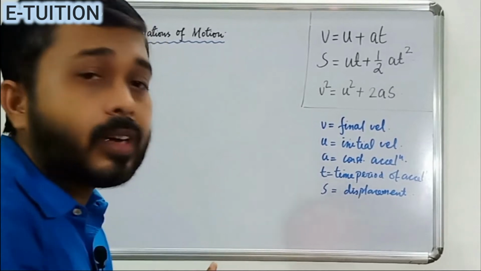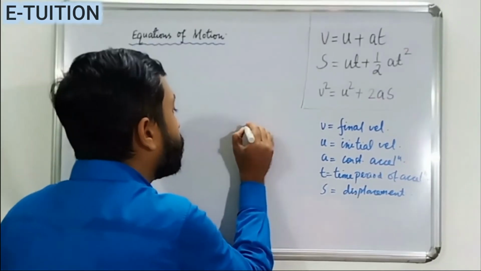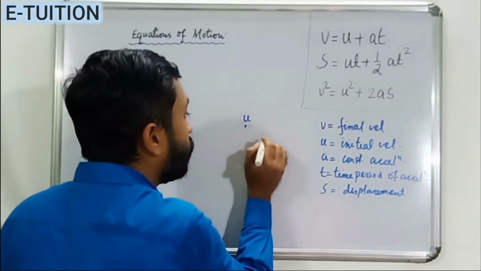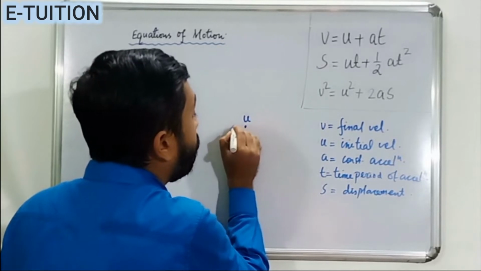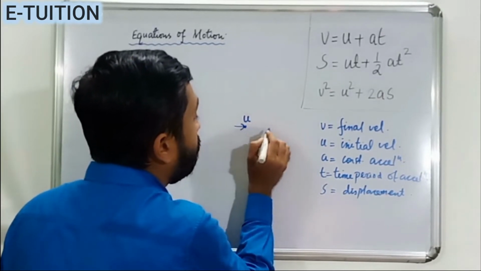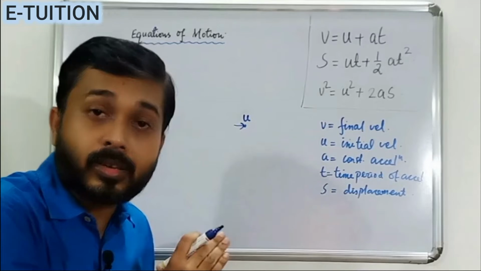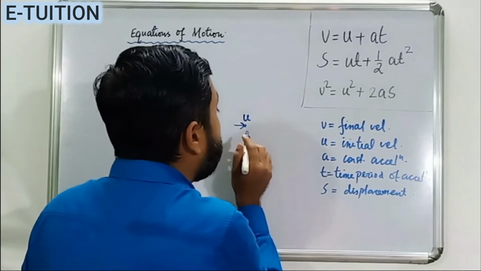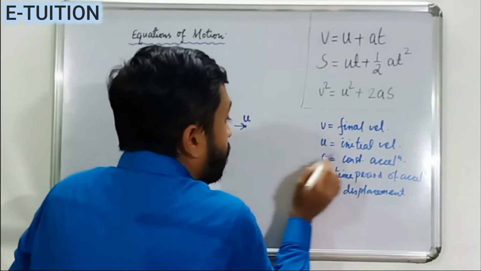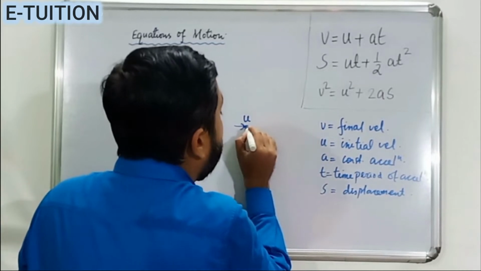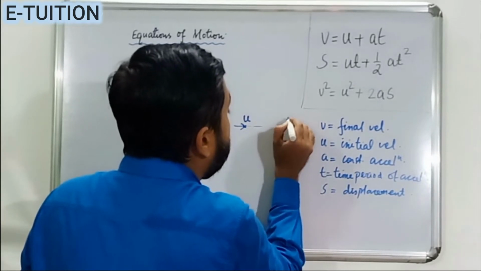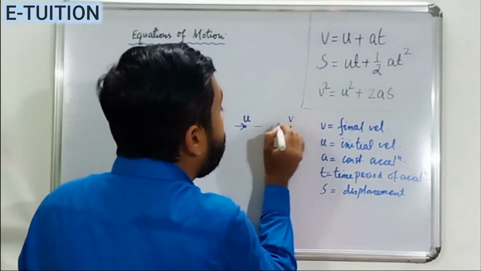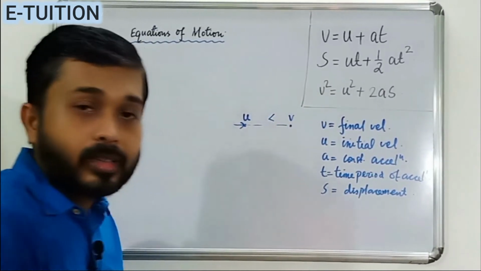So the case is like this: a body had initial velocity which is u, and a force was applied on the body, as a result of which it gained an acceleration and it started to move with a constant acceleration a, and after time t the velocity changed from u to v. v is definitely greater than u.